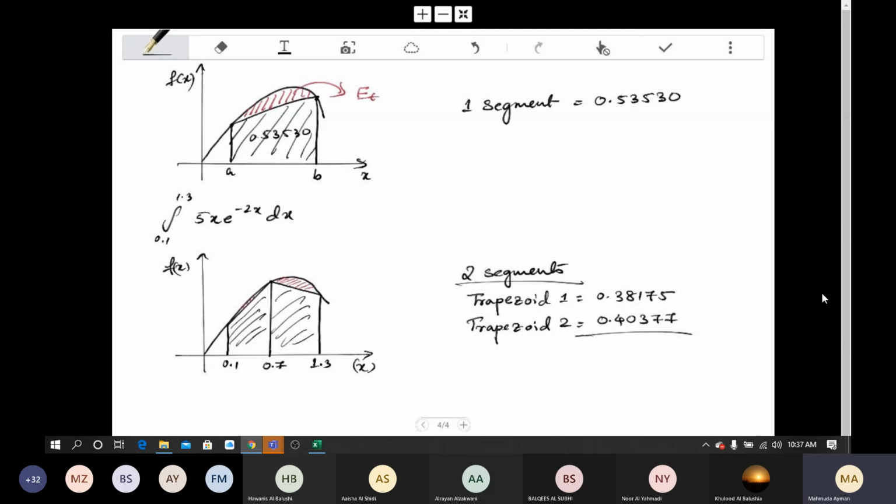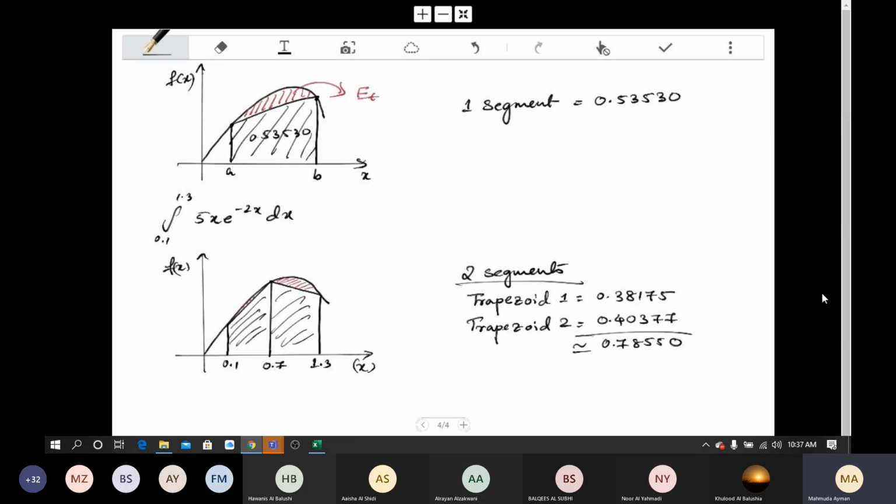So if you add these two up, you get approximately 0.78550 as your area. So you can see that we have got a much larger area coverage.